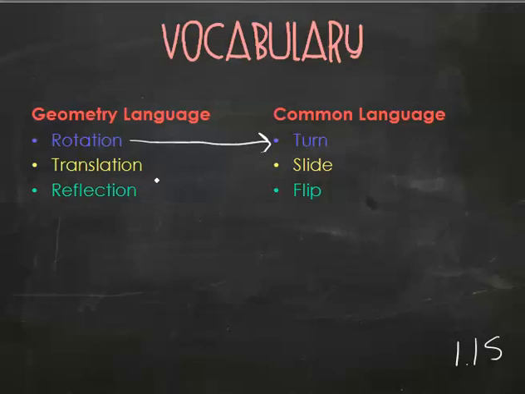So if they talk about turning anything, you need to think rotation. Translation, they'll say slide. Sometimes they might just say move, if you move the figure. And then reflection, the common language for it will be flip. So look for those 3 terms in their common language.